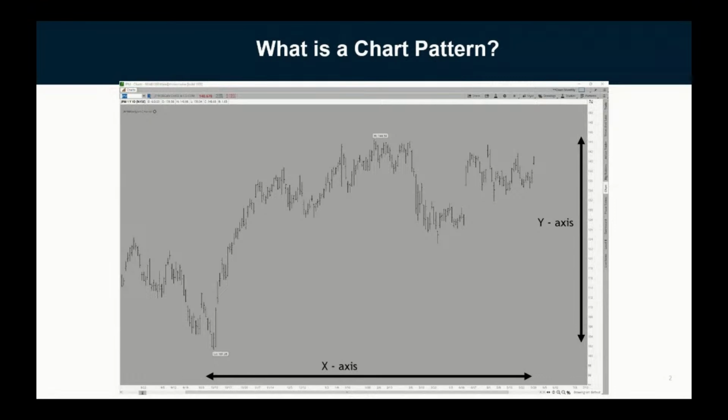Chart patterns are worth studying because they reflect all known information about a company, all of its earnings misses and beats, the good news and the bad, considerations around the macroeconomic environment. It's all here. Every bit of that information is reflected in these bars or candles that we call a stock chart.